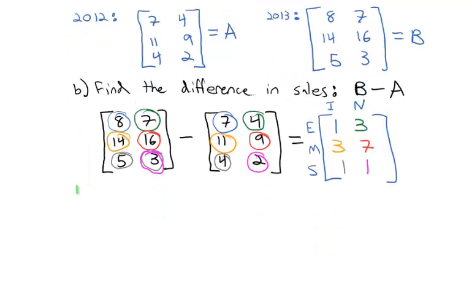We could even do another thing with these. Let's say I wanted to have a goal to double my sales. We're actually going to double the 2013 sales. Actually, I don't want to double. That's too conservative. I'm optimistic. We're going to triple the 2013 sales.